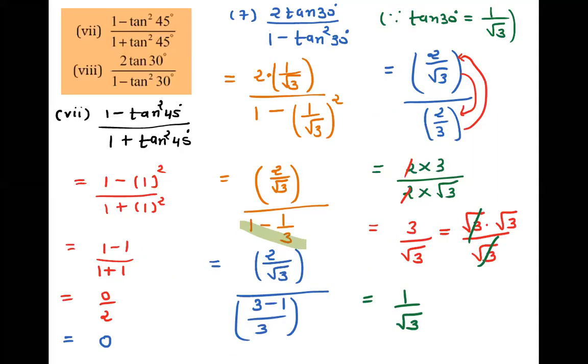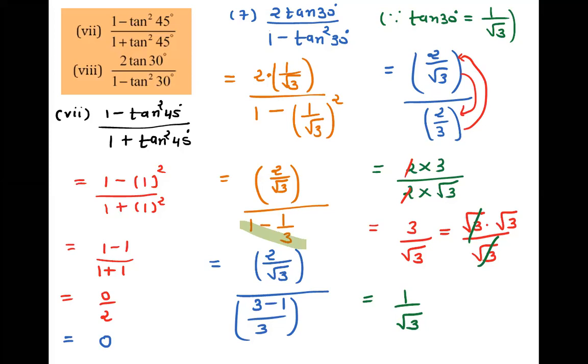Hope you understood. Look at the procedure again. First of all, we put all the values through the table. Apply the square, take the cross multiplication, means the LCM. After getting numerator and denominator, you just apply the rule.